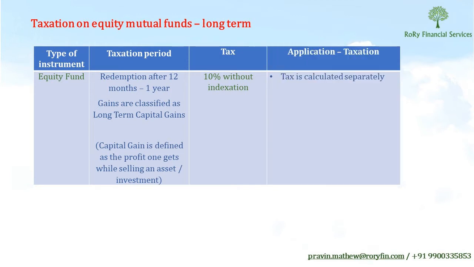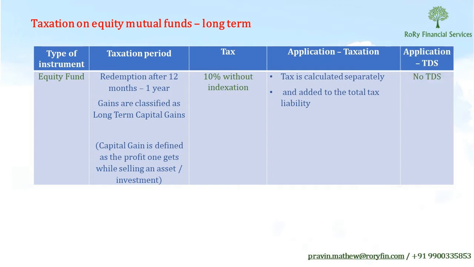How is this applied? It is calculated separately, whether you have an income or not is not taken into consideration. The tax is calculated on whatever gain you made, and then whatever your other tax liability is, that is whatever taxation you have to pay, this amount of tax is also added to it. Is there any TDS?